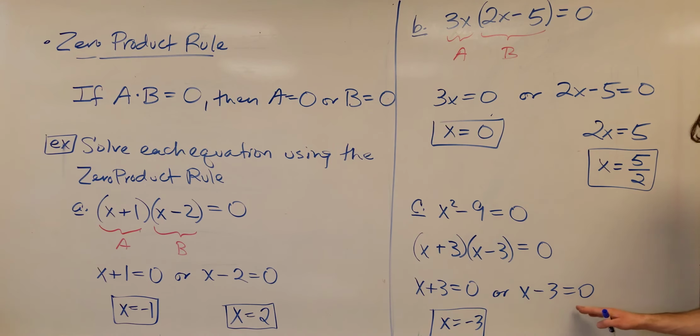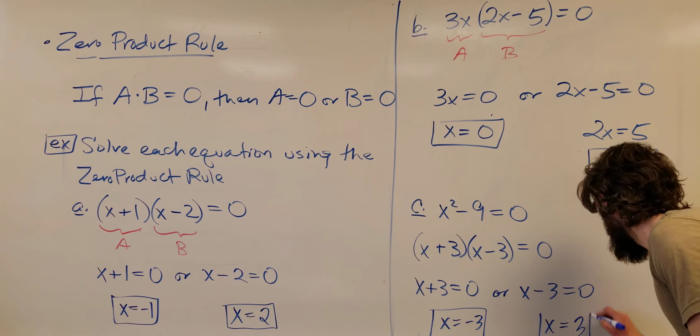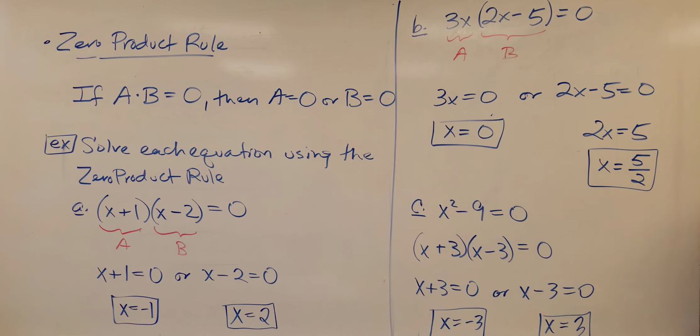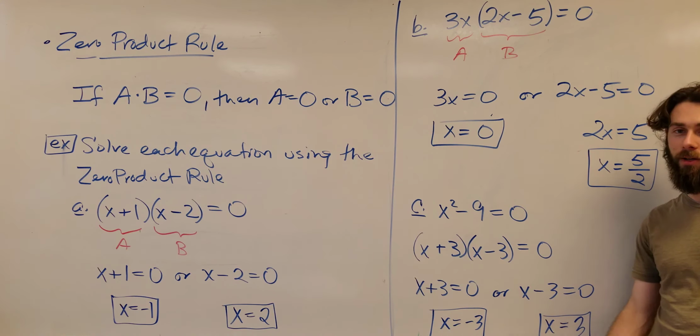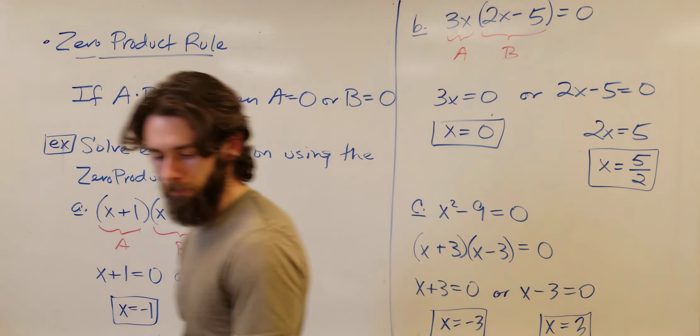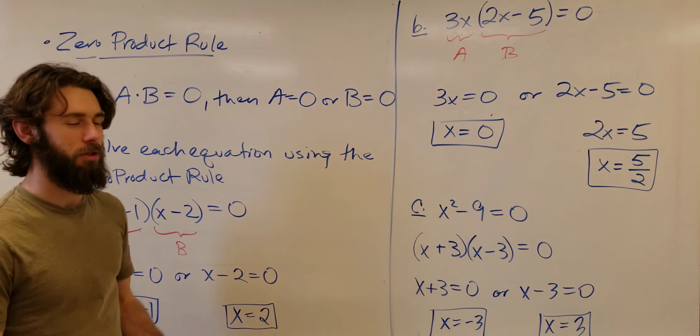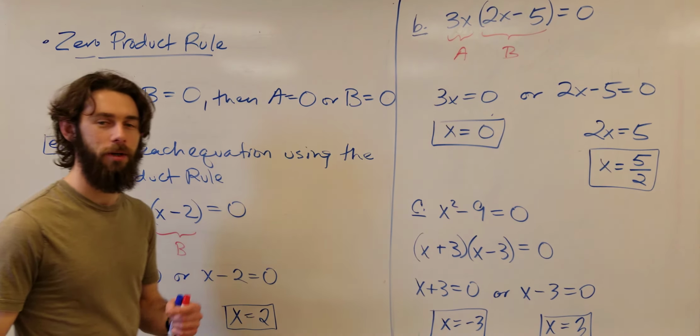And then here we add the 3 to get x equals positive 3. So those are actually the same solutions we got last time. We just didn't write them together with the plus or minus. But that's the plus one, and that's the minus one. Okay, so that kind of points us to our general method, and we'll pick that up in the next video.